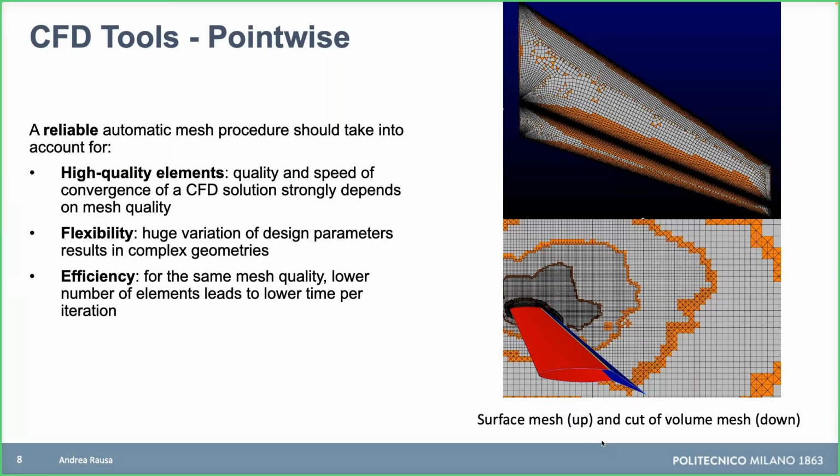So we use quad dominant elements on the surface, with refinement for regions with high curvature, for example the junction with the main body or the leading edge. Whereas for the volume, we use the voxel approach. So we have a hex dominant refinement, which follows the angle of attack, such that we can better capture the vortex structure over the tail.